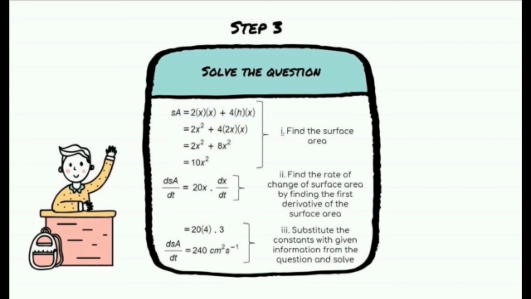After we found the equation of the surface area, we should then find the rate of change of surface area by finding the derivative of the surface area equation. Substitute the constants in the derivative of the surface area equation with the information from the problem statement that we've identified in step 2 and solve the equation.